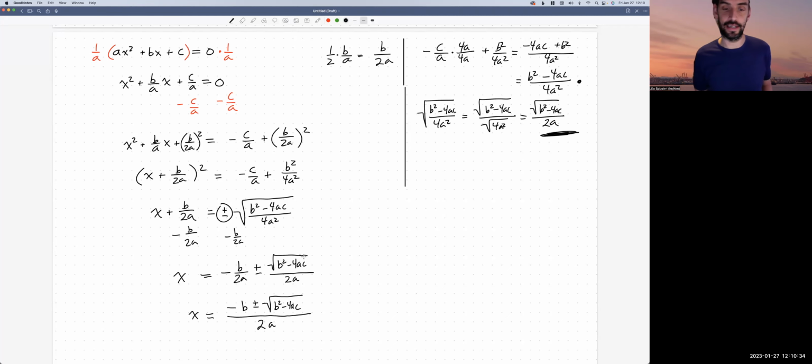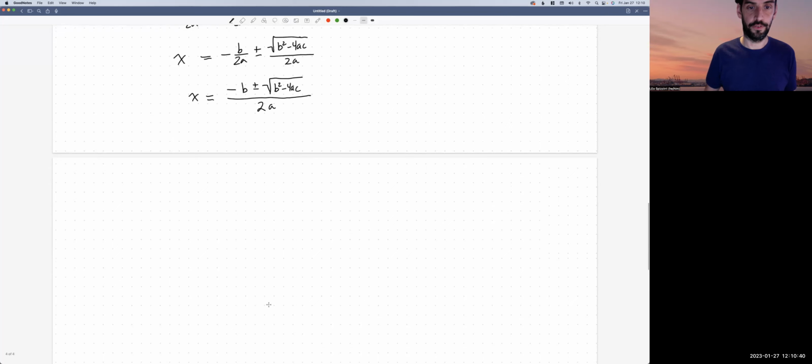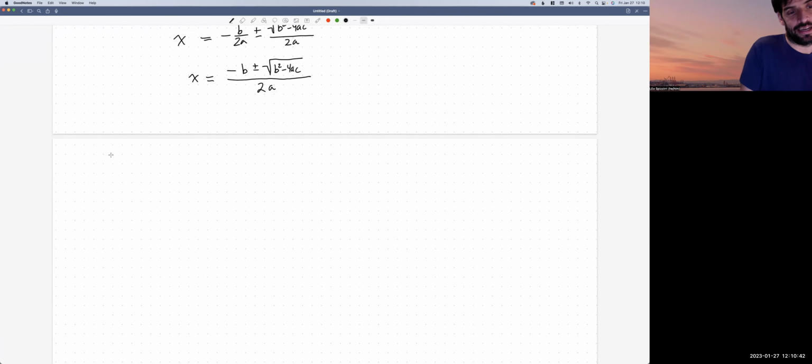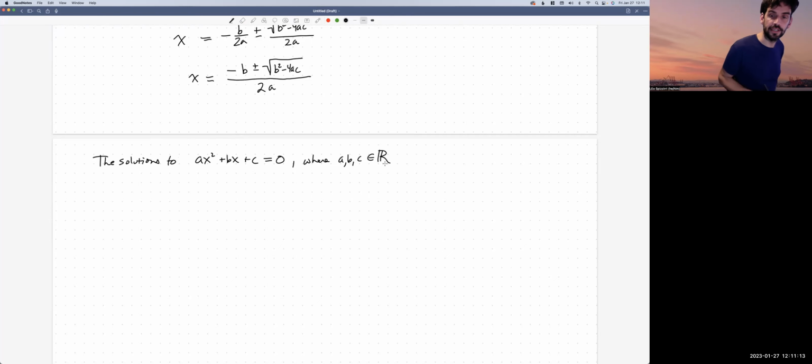So let's state it fully. Let me say it a little differently. Let's say it this way: the solutions to ax squared plus bx plus c equals 0, where a, b, and c are real numbers. This is just a little symbol to mean a, b, and c.